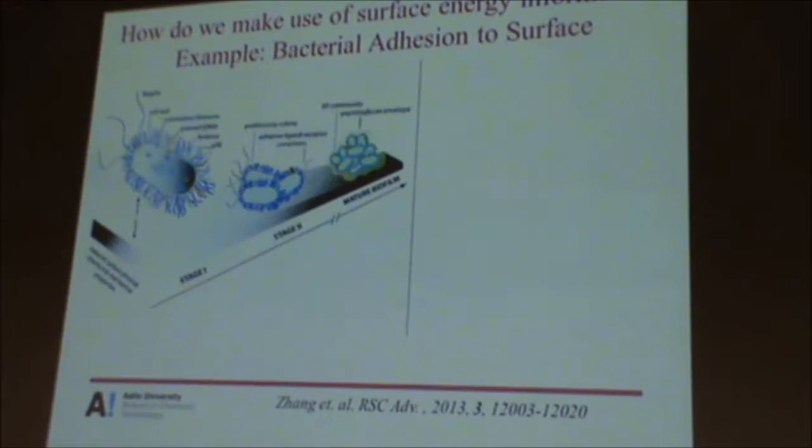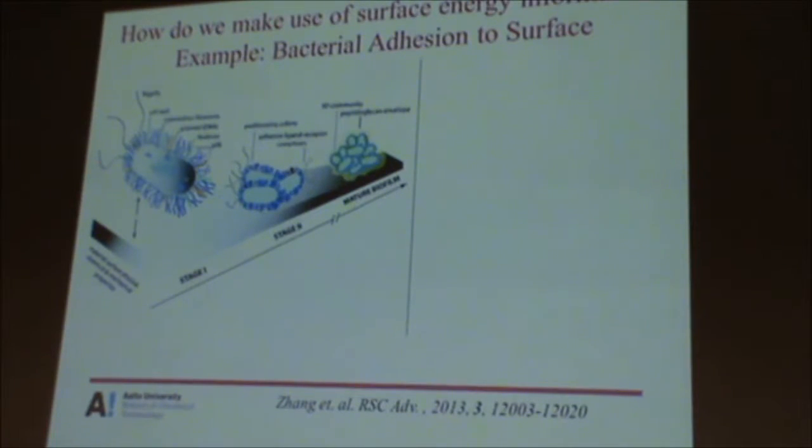Let's say you have a bacteria, and this bacteria starts clogging the tap system in your drinking water supply pipe. Let's say this bacteria is growing and you want to build a pipe, a surface, that doesn't interact with the bacteria.